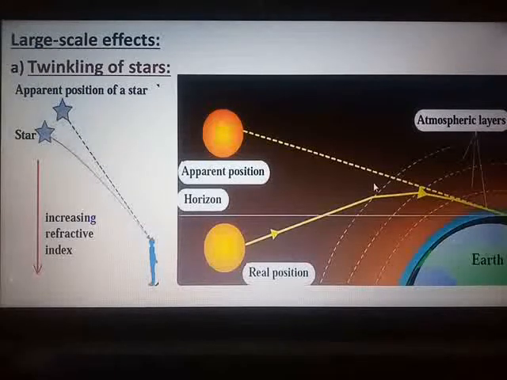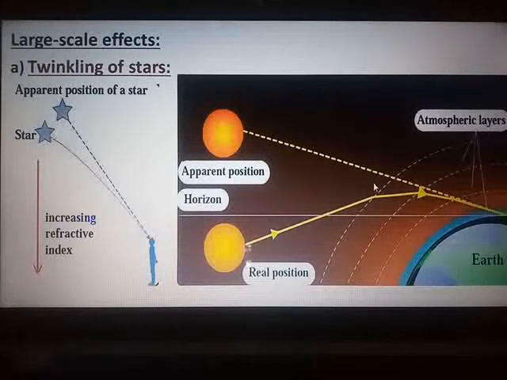You can see the apparent position of a star in the sky as compared to its actual position. Now this apparent position of the star is not stable but keeps changing a bit because of the motion of the atmospheric air.